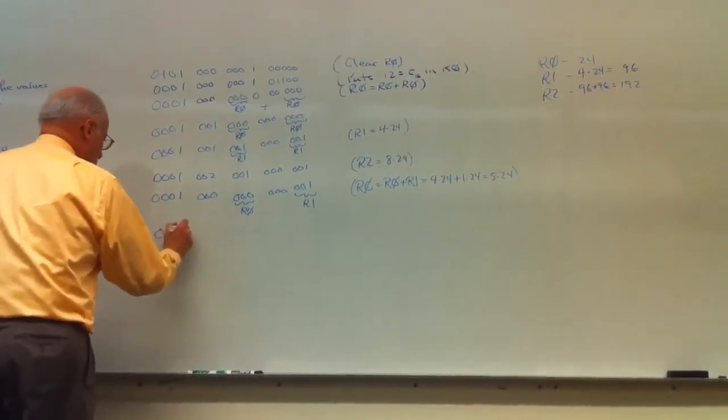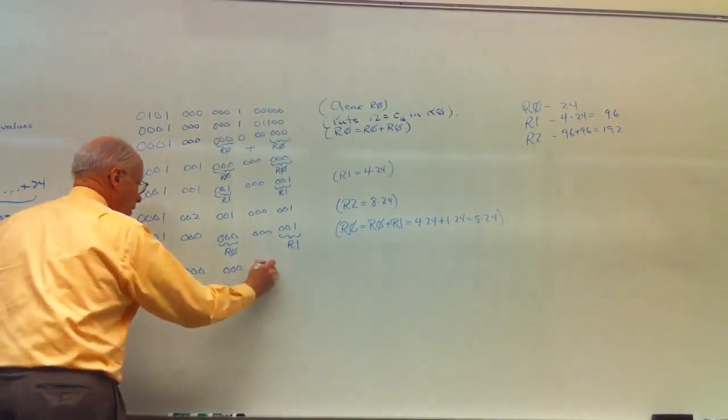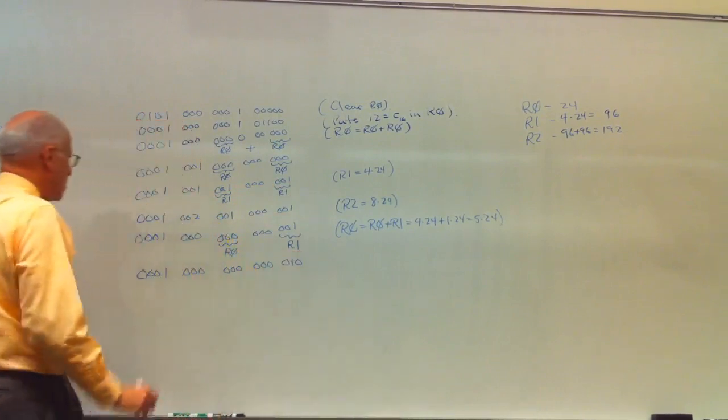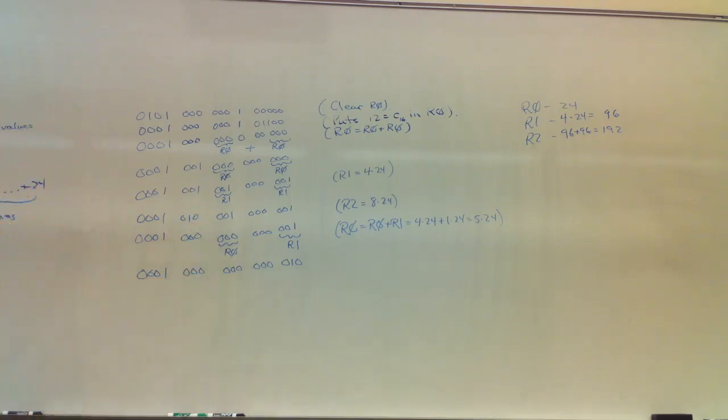And now I will take what's in there and I will add register 2. 2, 1, 0. This is all in binary.